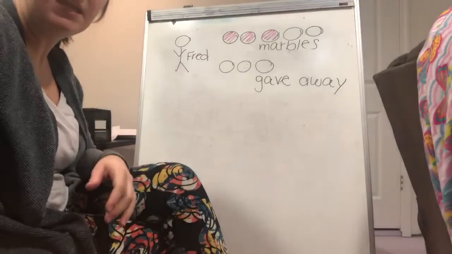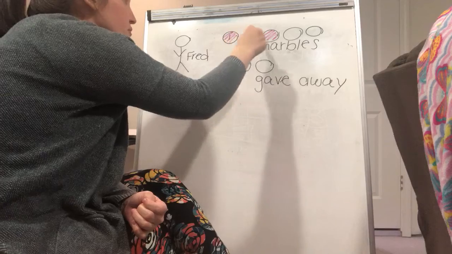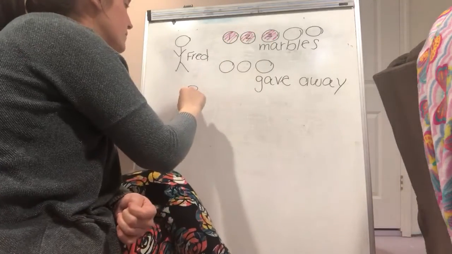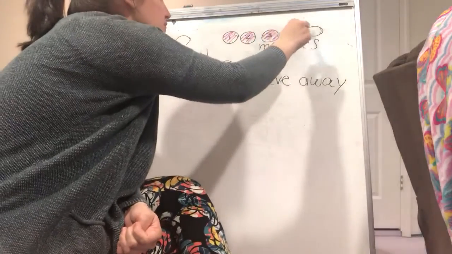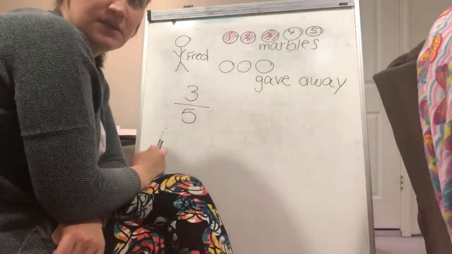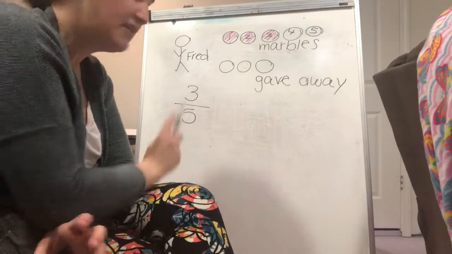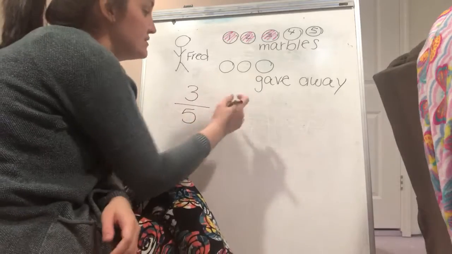Well, how many did he give away? He gave 1, 2, 3 away. Out of how many total? 1, 2, 3, 4, 5. So if you were listening closely, I now know he gave 3/5 away, but I said, how many does he have left?